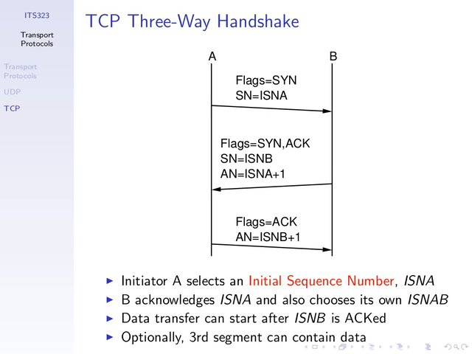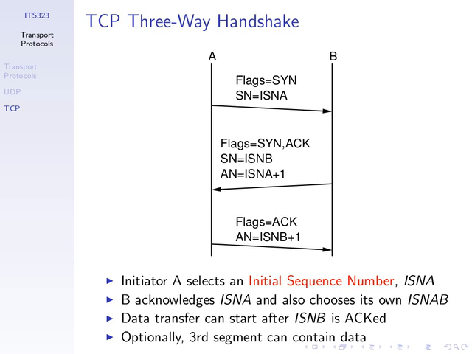When A receives this, it sees the ACK. Okay, everything's okay. It receives ISN B. If everything's accepted, it sends back a final message. It acknowledges ISN B. The ACK flag equals 1. This is an acknowledgement.